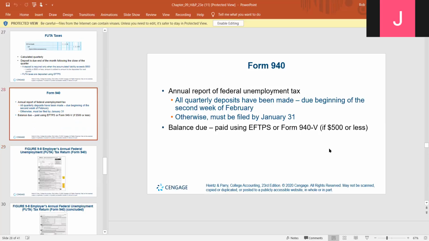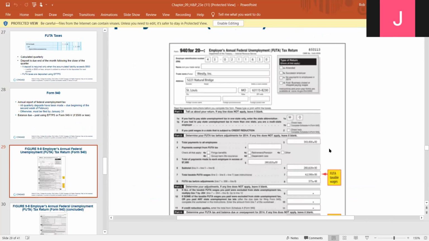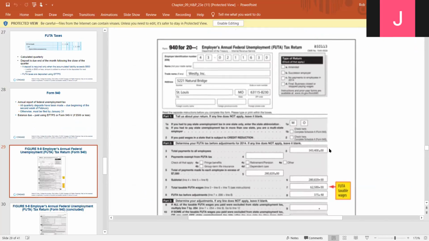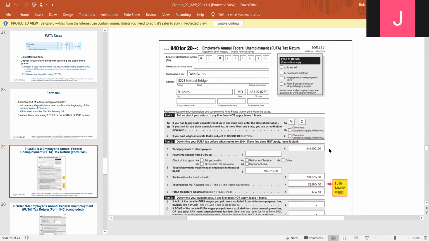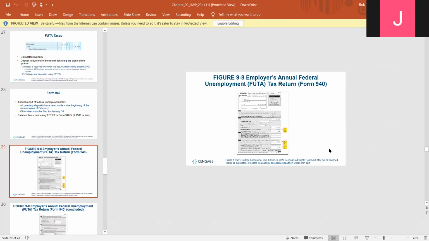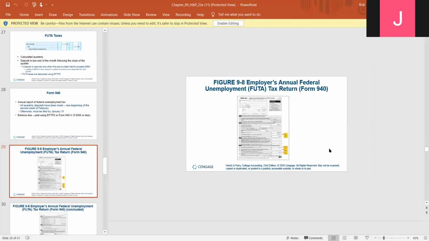You put that together here. Again, you don't really need to worry about this, okay? Just know what the 941 is. The 941 is the mechanism for reconciling the taxes paid to the federal government. The 940 is just for the FUTA only.